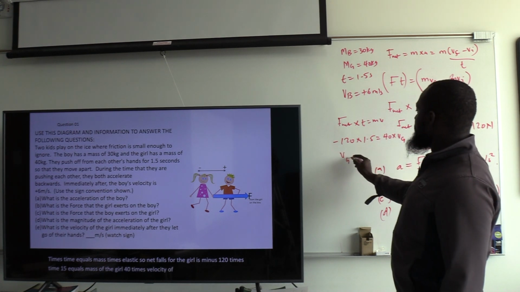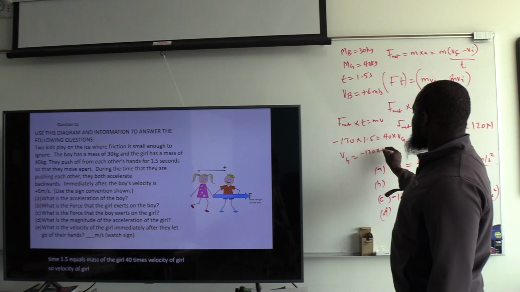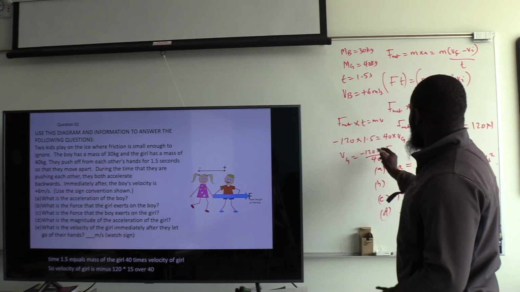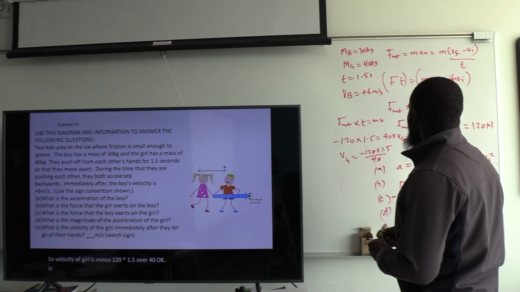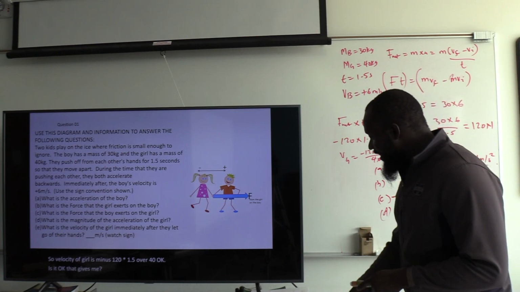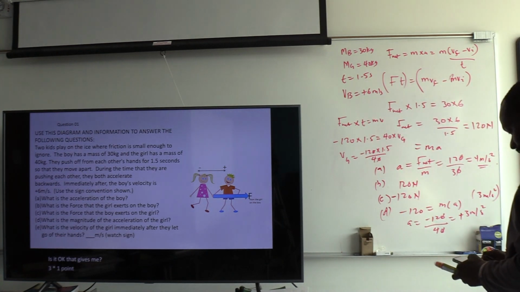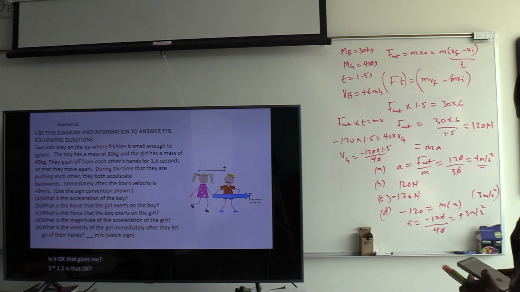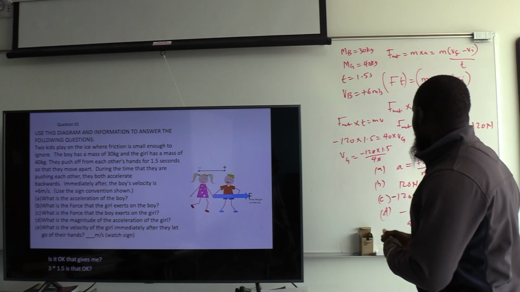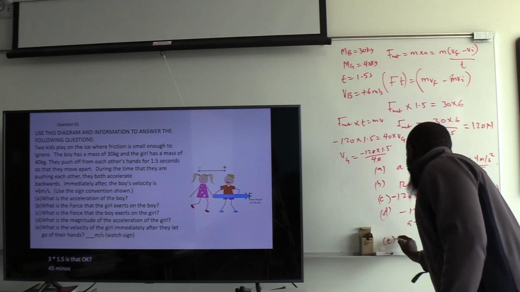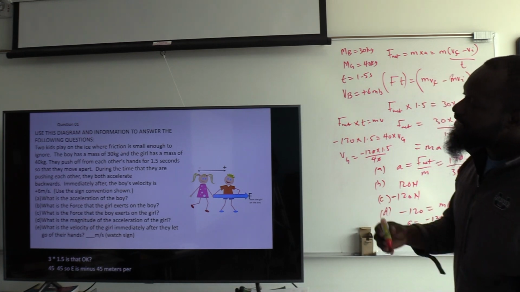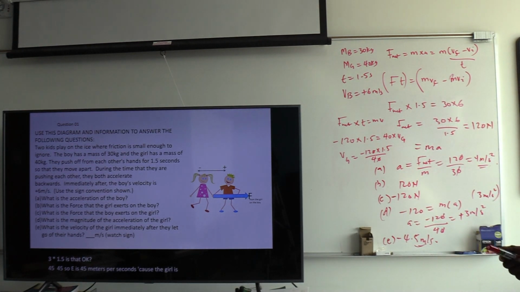So velocity of the girl is minus 120 times 1.5 over 40. That gives me minus 3 times 1.5, which is minus 4.5. So E is minus 4.5 meters per second, because the girl is going in the negative direction.